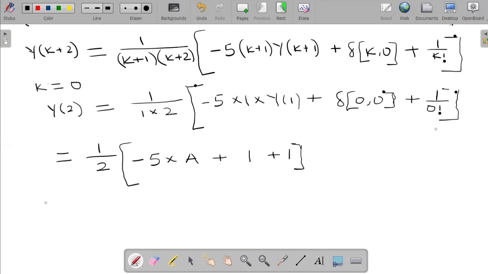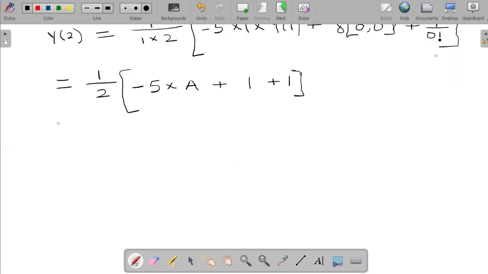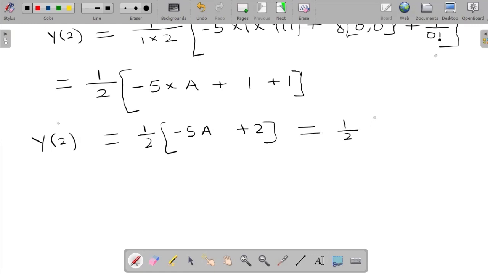So when we now compute this one, if we simplify this, y of 2 will give us 1 over 2 into 2 minus 5a.